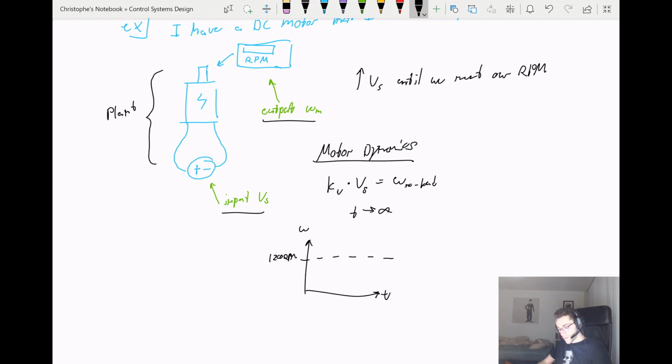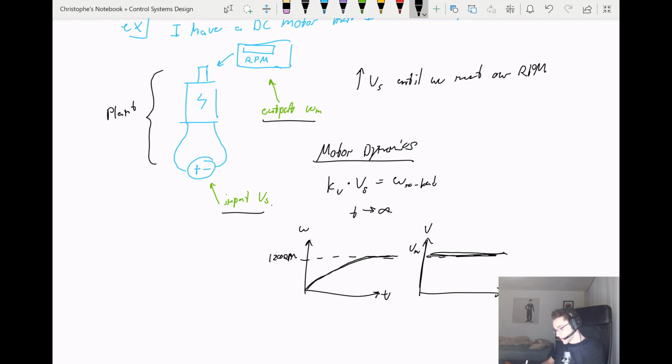So when we apply, and we'll just have a separate graph here for time and then voltage, if we know our V motor, the voltage that we would need to supply to the motor to get 1,200 RPM, if we just set it at that value, what's going to happen is the motor is going to speed up. Over time, it's going to get to what we want.